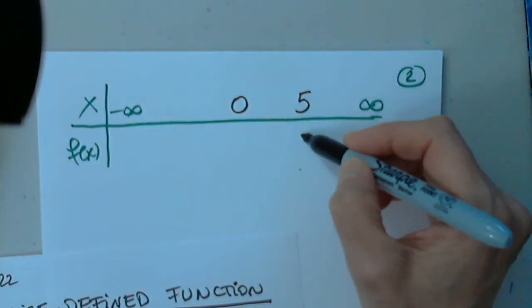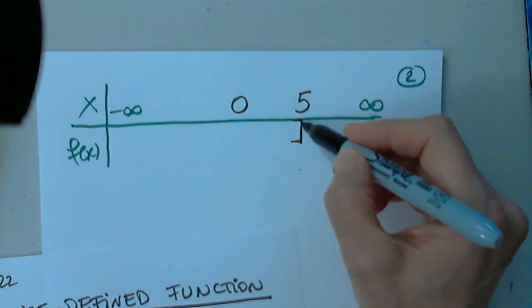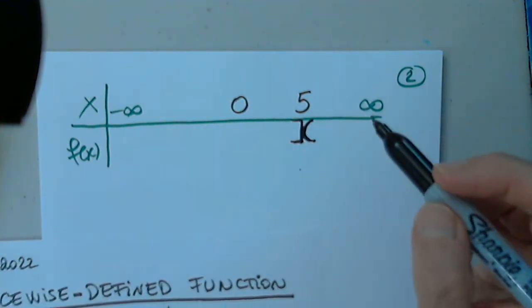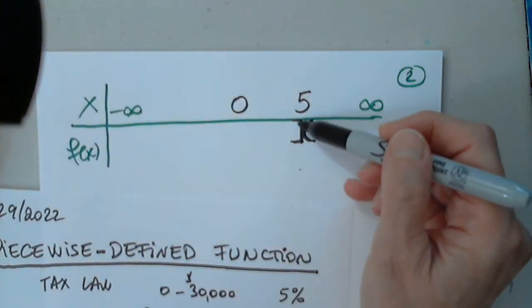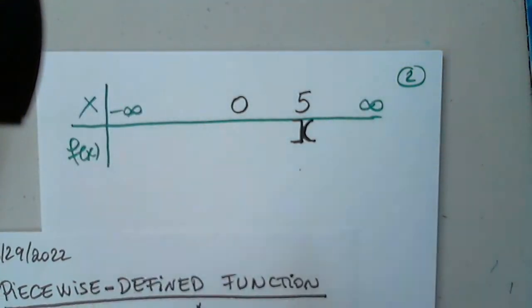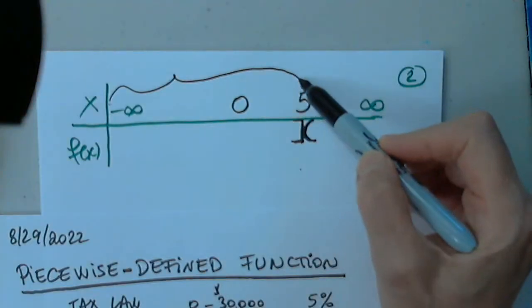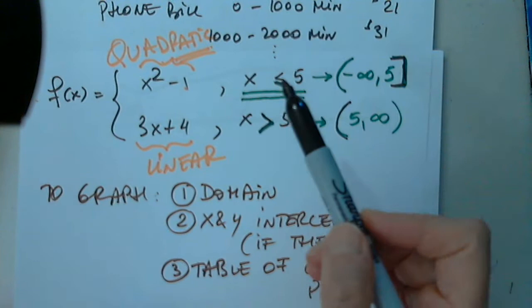Exactly under 5, not here or here, I will put those two symbols touching each other. The bracket to the left and the parenthesis to the right. In the next step, I'm going to take my first piece, negative infinity to 5, and right on top of it, x squared minus 1.